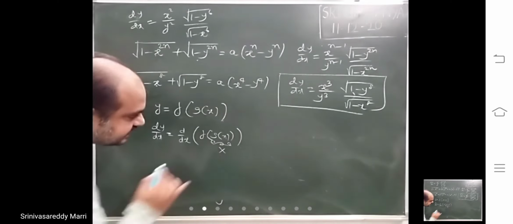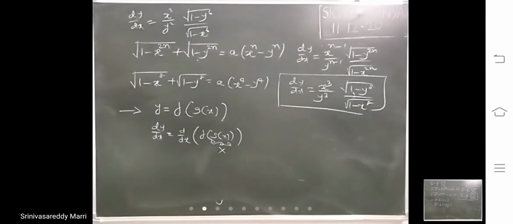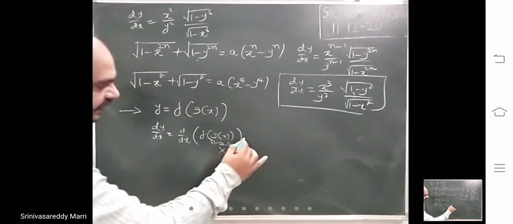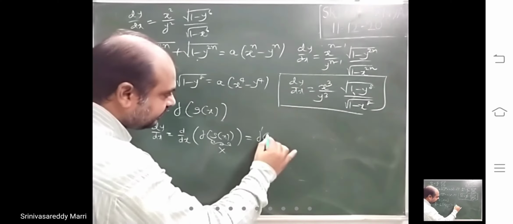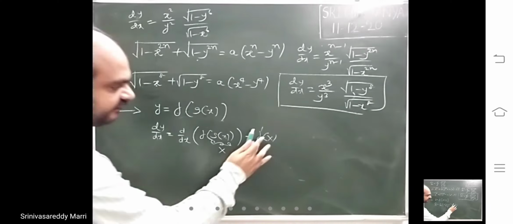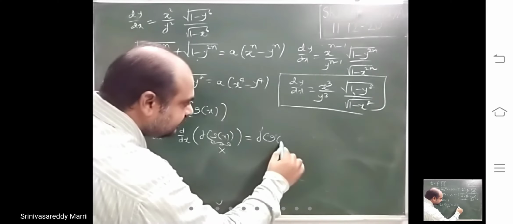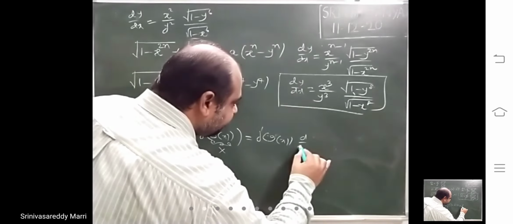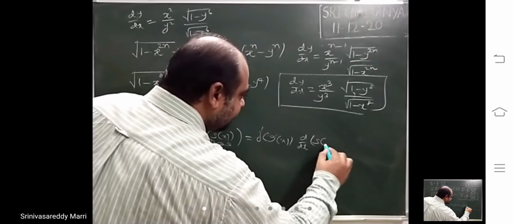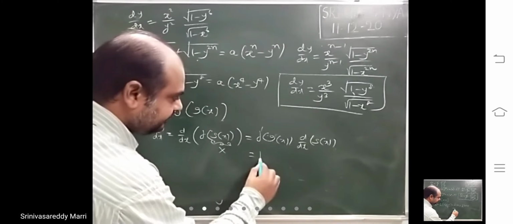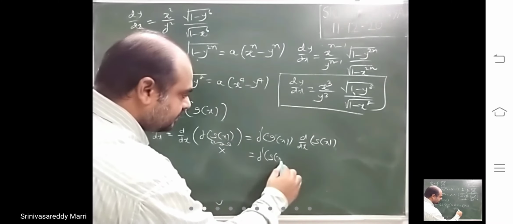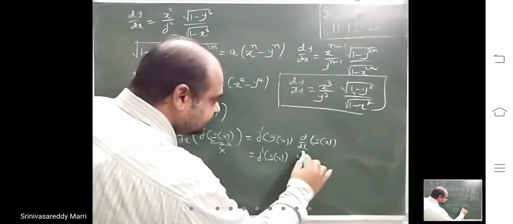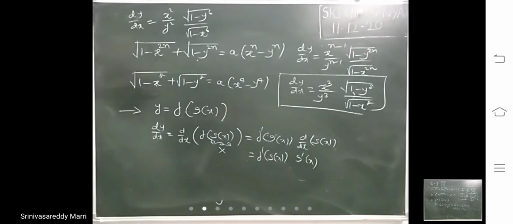You treat the inside one as capital X. So d by dx of f of capital X is what? F dash capital X, that means f dash g of x, into the derivative of whatever capital X has been taken. That means this is nothing but f dash g of x into g dash x.